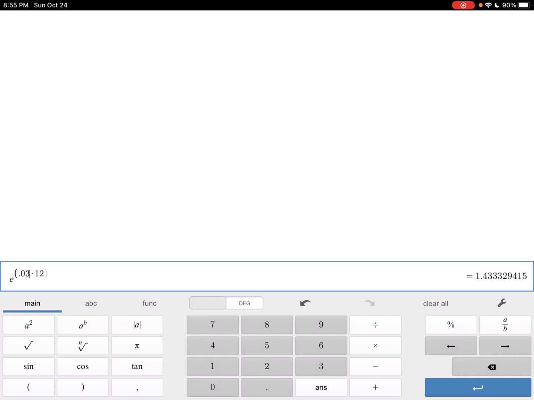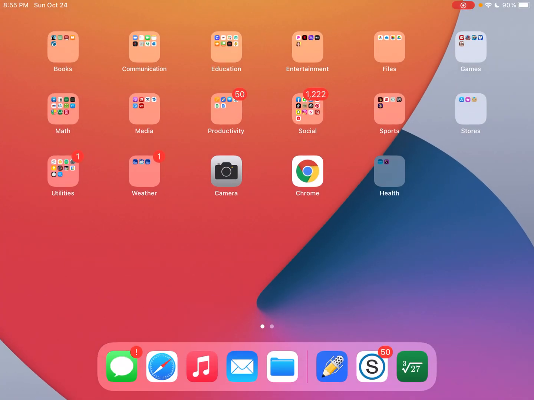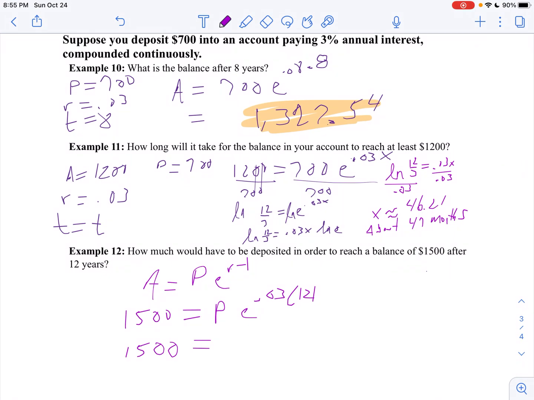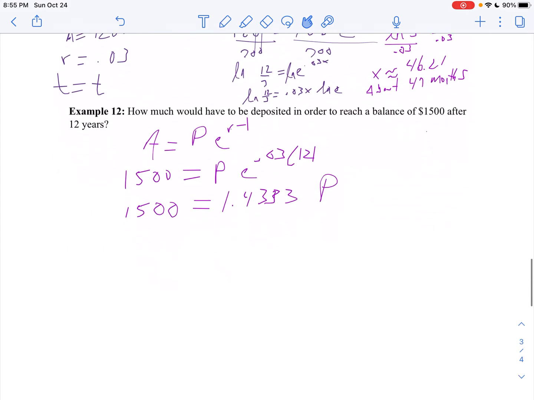Okay, we get about 1.4333. So we have 1.4333 times P. Well, to solve for P then, we'll divide both sides by 1.4333.